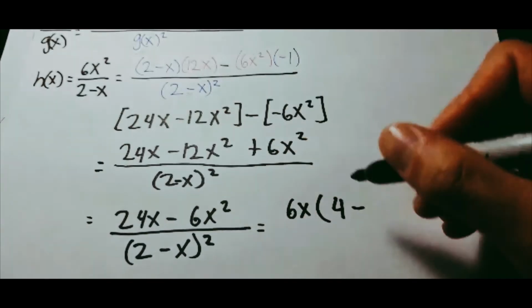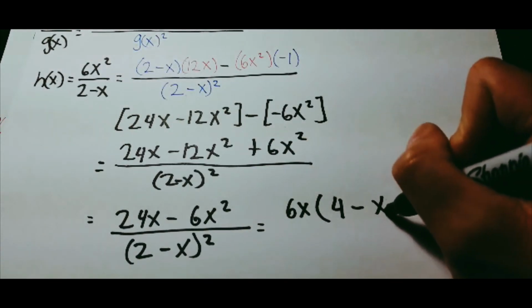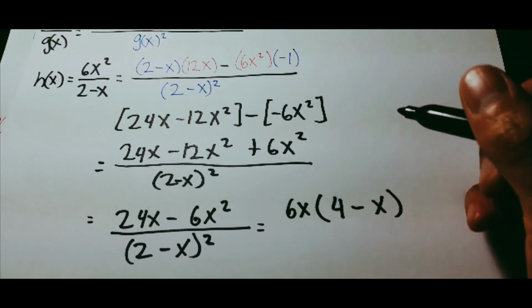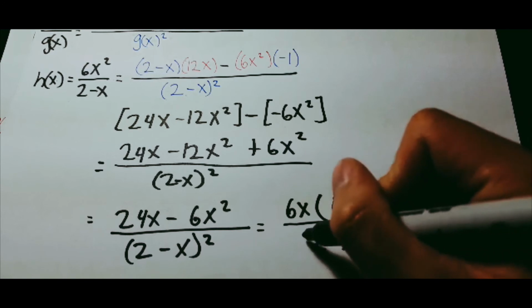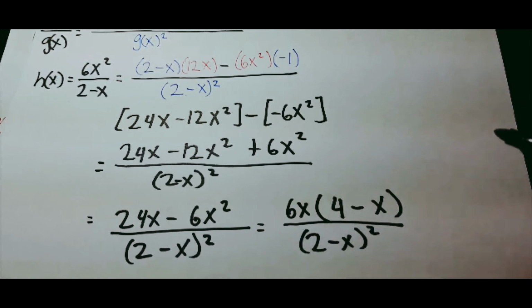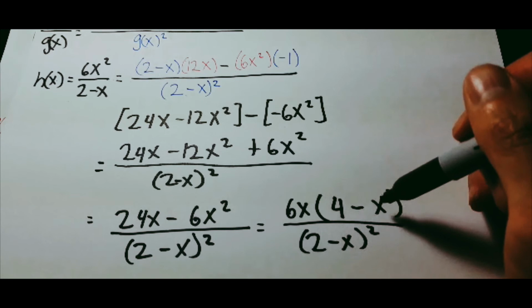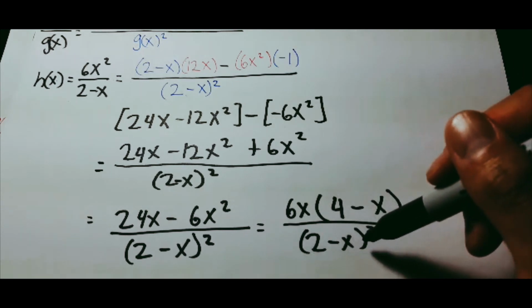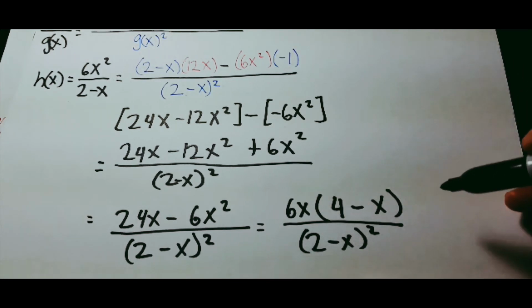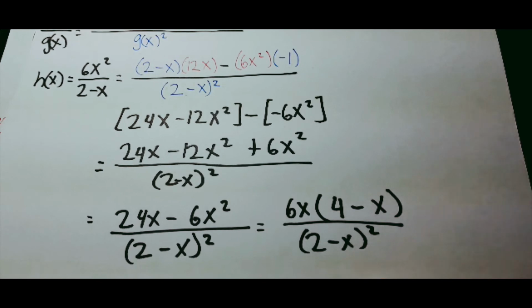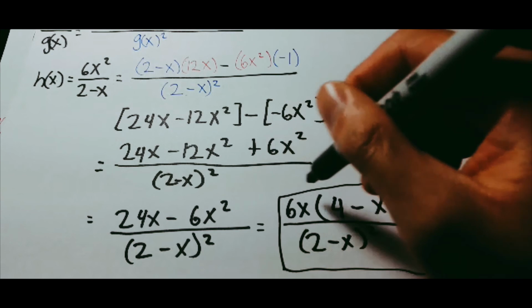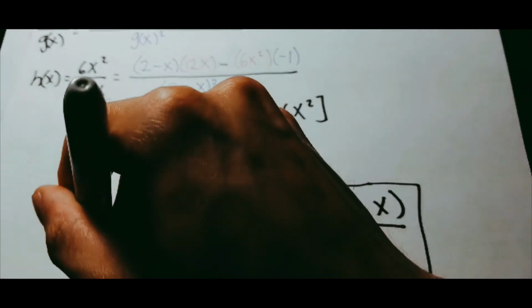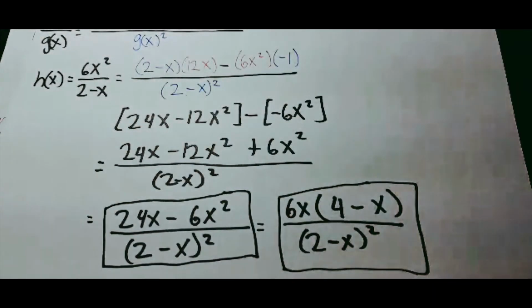It's going to be x. Okay, divided by 2 minus x squared. So I don't see anything up here that is the same for my denominator, so I cannot cancel anything anymore. So this or this could be my final answer. Okay?